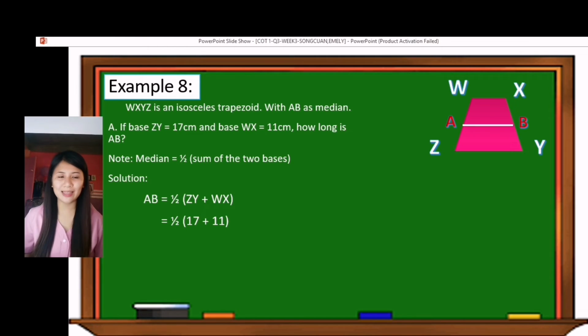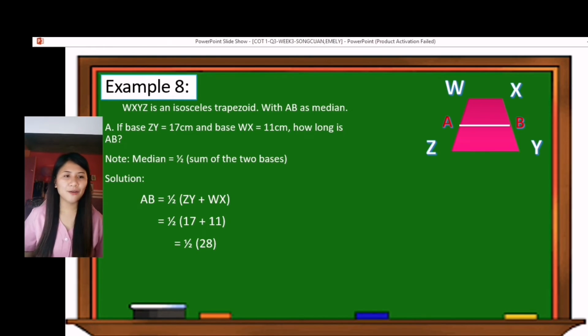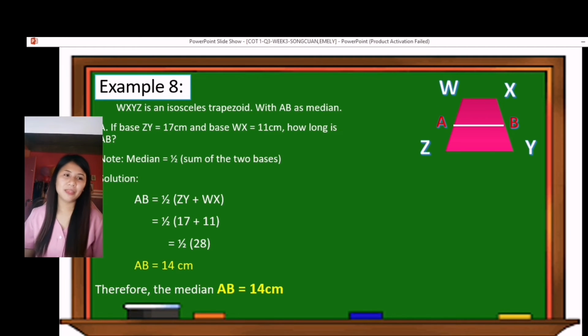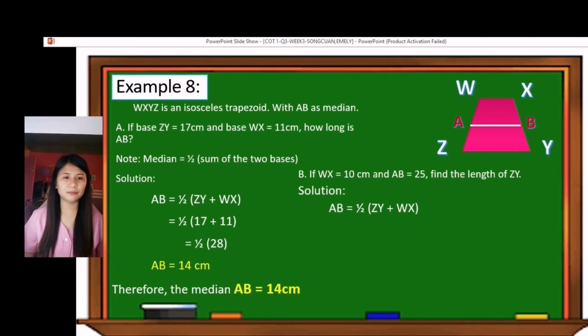Correct, that is 28. So, 1/2 times 28. What do you think is the half of 28? Correct, that is 14. So, AB is 14 centimeters. Therefore, the median AB is equal to 14 centimeters.